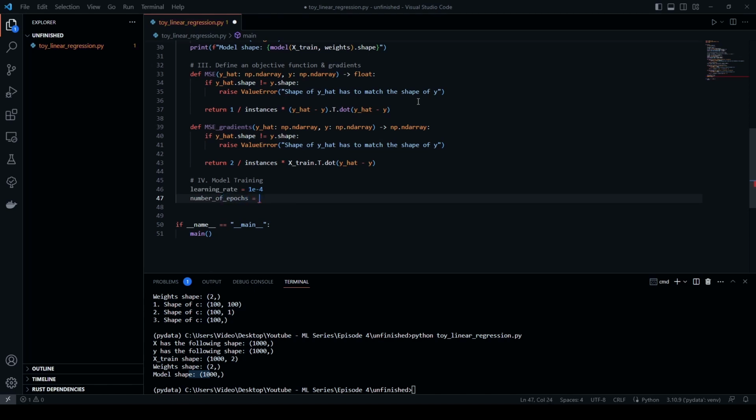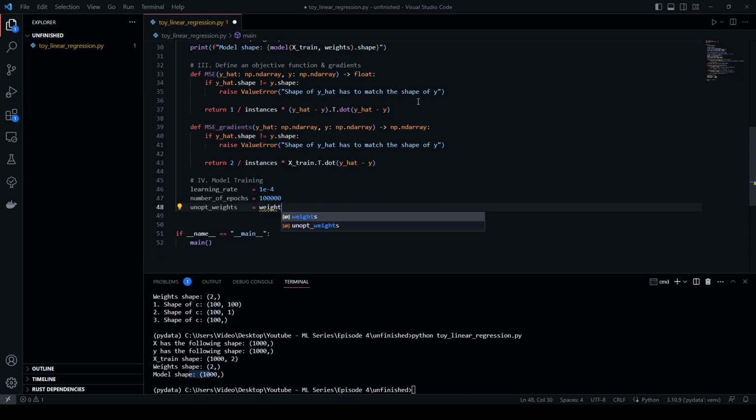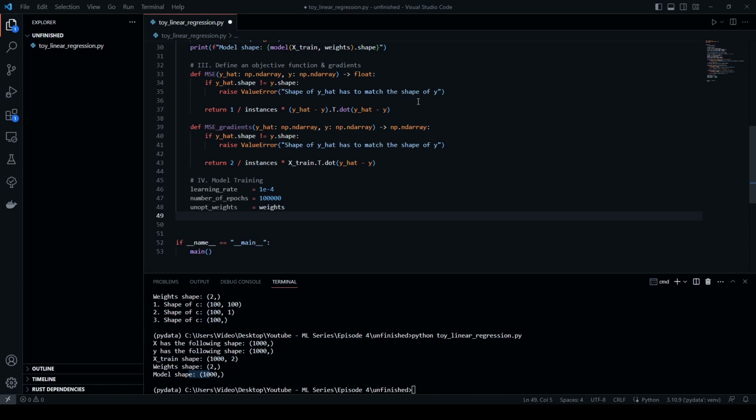So, the number of epochs. How long do we want to train? Let's start with 100,000 epochs. This is kind of long, but the computations we have to do are not that heavy, so we can manage that in quite a fast time. Let us save the unoptimized weights so that we don't lose them, because we will update the weights in place. Then we have the history.